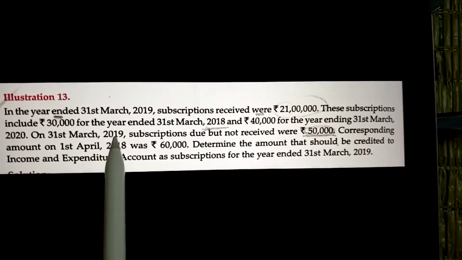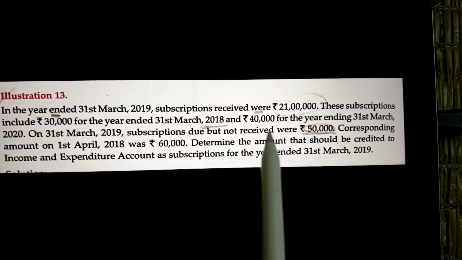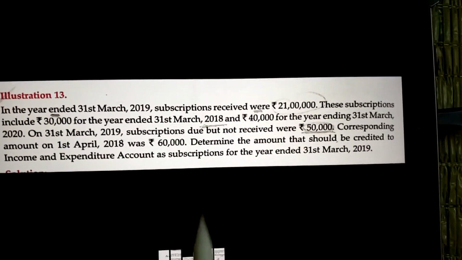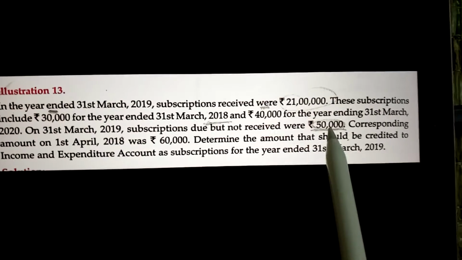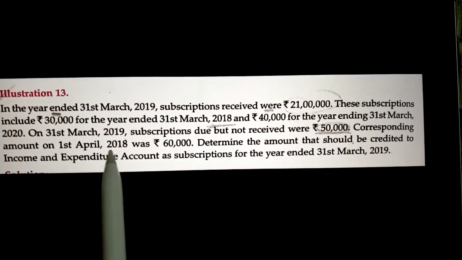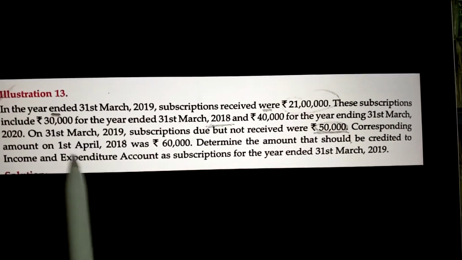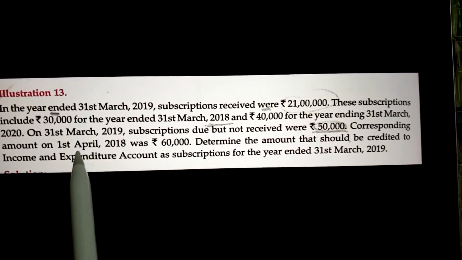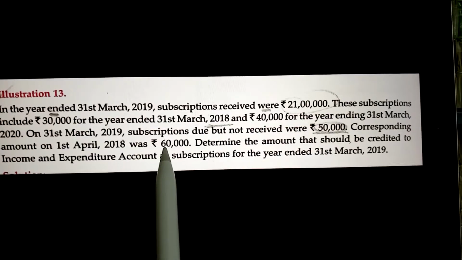On 31st March 2019, subscription due but not received were 50,000. So at the end, the outstanding subscription is 50,000. Corresponding amount on 1st April 2018 was 60,000. Corresponding amount here means that the subscription outstanding as on 1st April 2018 was 60,000.